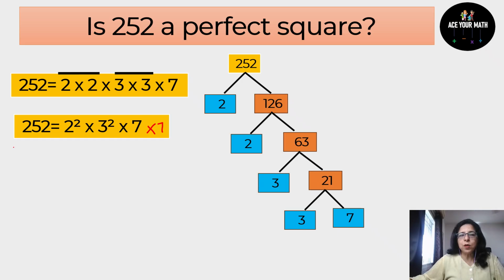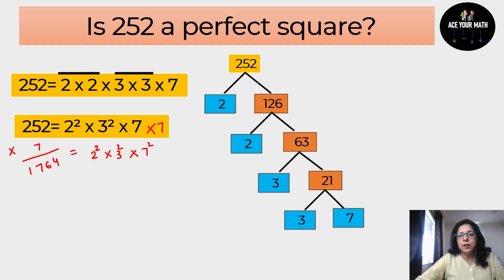So if you multiply 252 by 7, you will get 1764. Okay, 1764 is a perfect square because its factors are 2 square multiplied by 3 square multiplied by 7 square. 7 is not alone now. So 1764 is a square number.